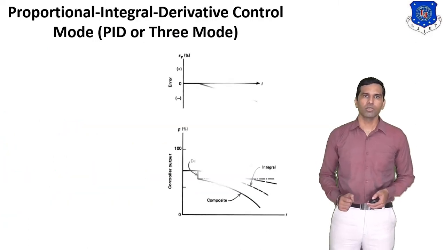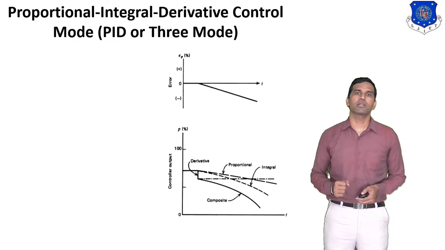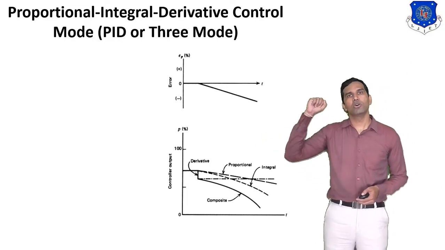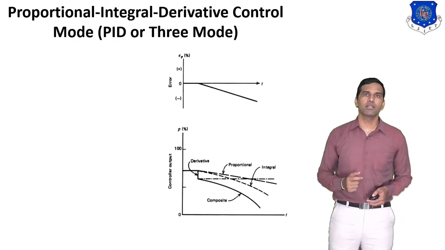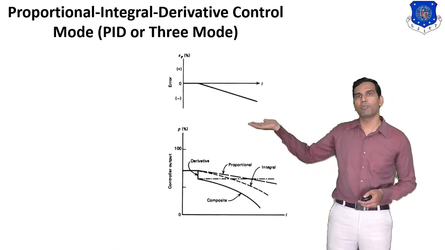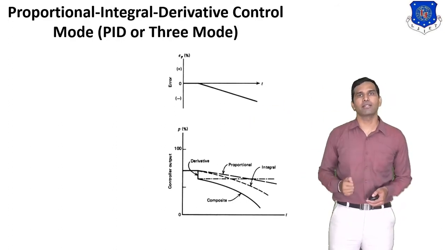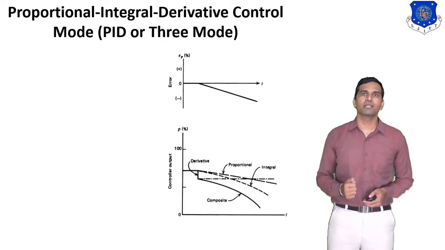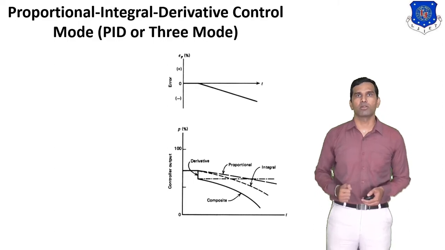Now we understand the operation of the PID controller by using this graph. Here the upper graph indicates the error response, and the lower graph indicates the response of the controller.